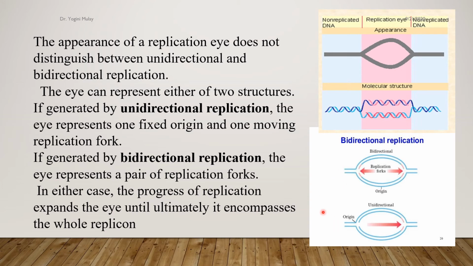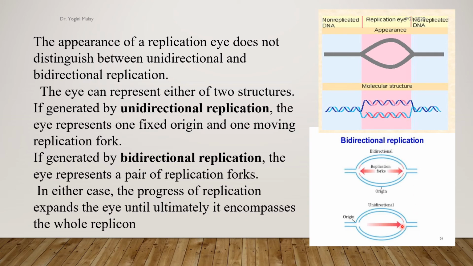In both cases, the progress of replication will continue until the complete replication takes place. If it is bidirectional, this will move in this direction, whereas this will move in this direction, and when both of them meet and the entire DNA is replicated, then the replication stops.